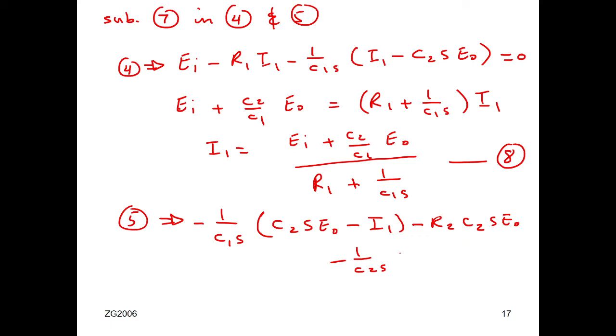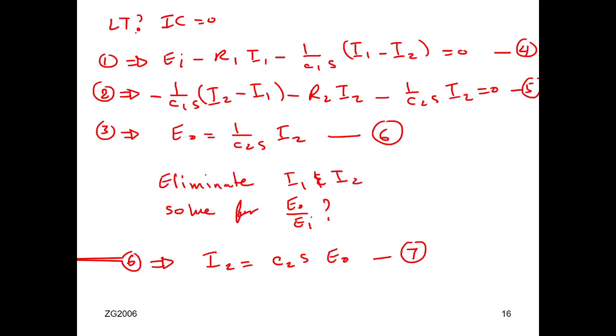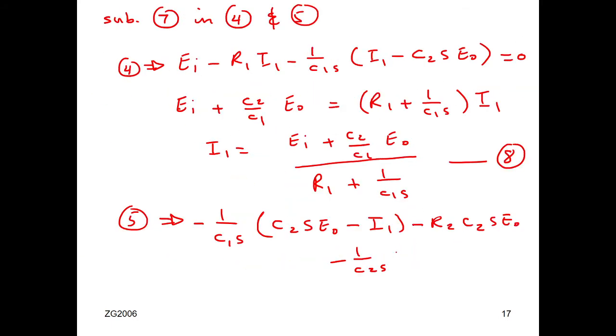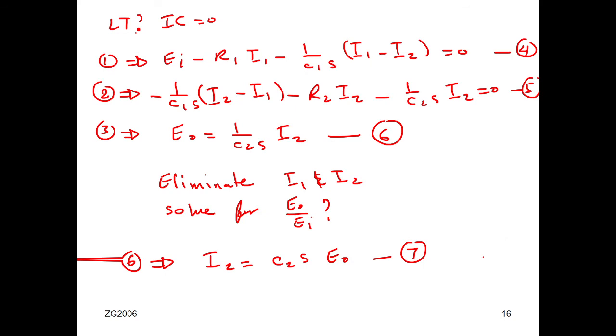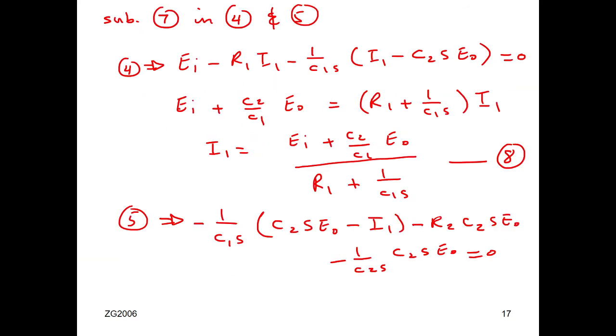What is I2 again? C2 S E out, equal to 0, right? Yes. Now this C2 will cancel with this one, and this S will cancel with this.